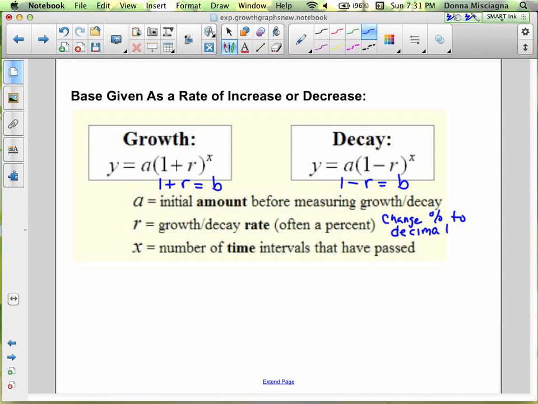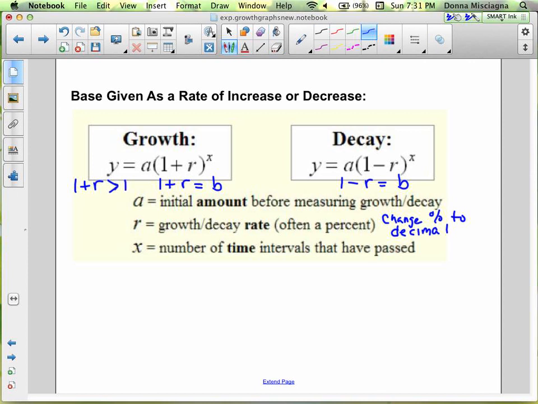Nobody says that our decimal has to be between 0 and 1. Right? We could increase by 500%. And then we're going to be adding 5. But here, 1 plus r is going to be greater than 1, right? I'll put that in there. So 1 plus r will be greater than 1 is what I meant to put in there. Greater than 1, so that will be growth.